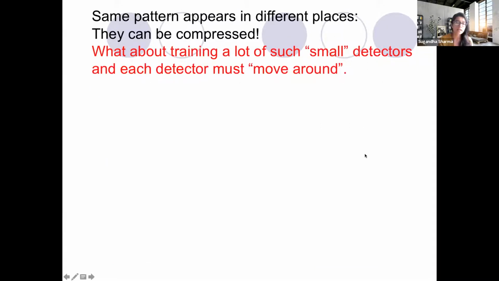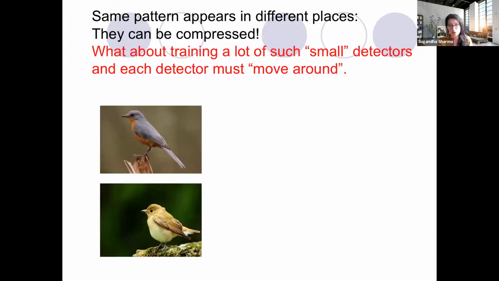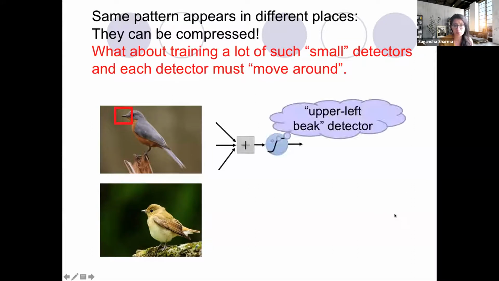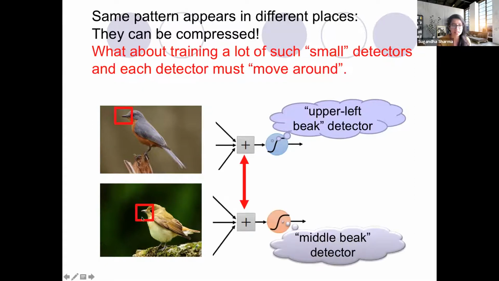So the next question is, what about training a lot of such small detectors? Now I have two different images. Both of them have birds with beaks. And I could potentially implement one beak detector which detects the beak in the upper left corner of the image, and another beak detector that detects this beak in the middle of the image.